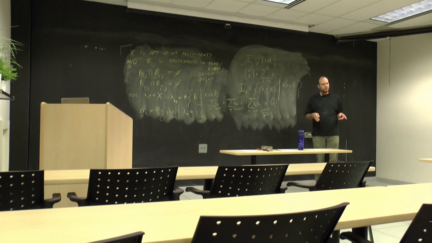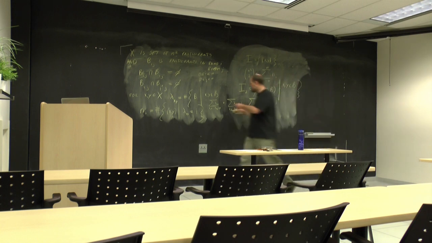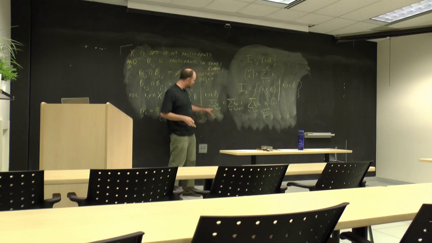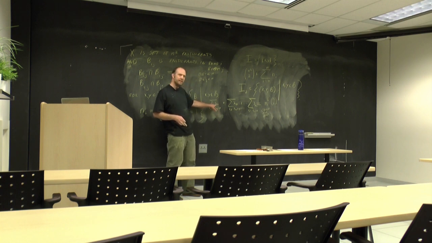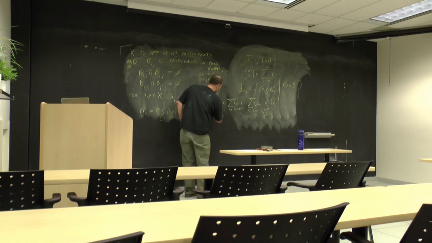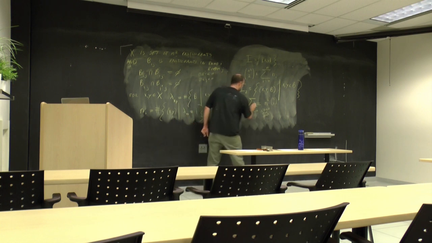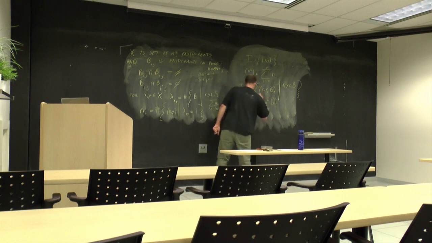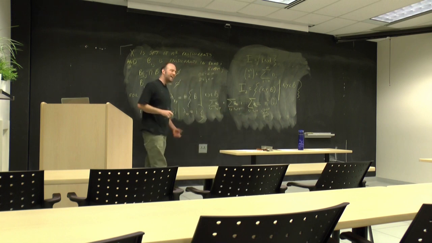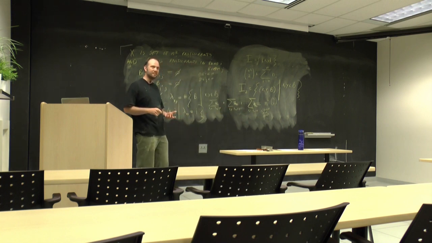Well, do you see how I can simplify that now? If in this sum I know that I'm only looking at xy such that lambda xy is 0, I can plug that in here. And this is just 1, and this is just n. Well, now these are sums over constants.